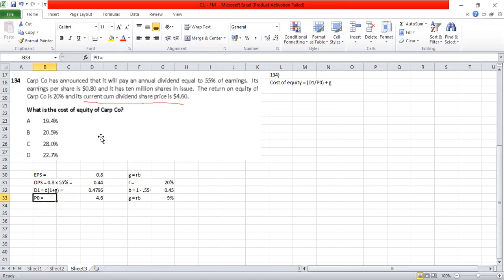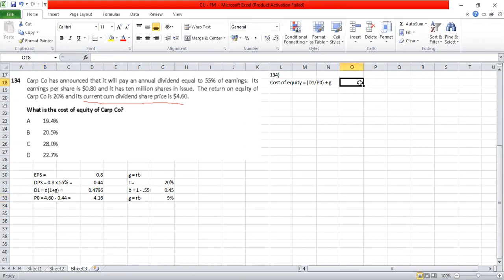So here, because it is a cum-dividend share price of 4.60, we will have to deduct from 4.60 the dividend amount. How much is the dividend amount? We have that as 0.44. So P0 stands at 4.16, that is 4.60 minus 0.44.